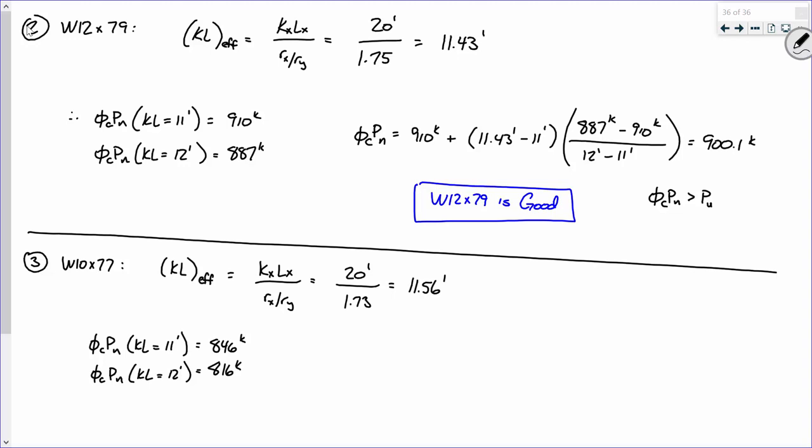So the accuracy, you can handle that by just analyzing that column just as if it's an analysis problem. But what was your second point? It's below the load. It doesn't matter what the value is. We know it's between 846 and 816. Even if it's the high, even if it's the 846, it's no good because the load is 890. Okay?